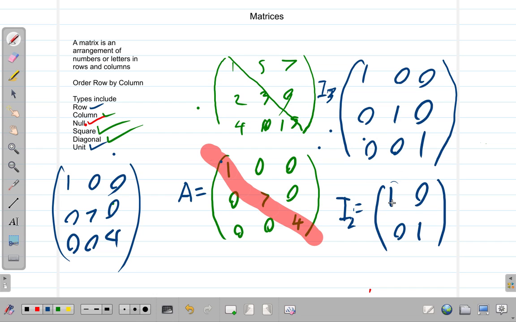Whatever the case is, when it comes to unit matrices, use the letter I to name them. If it's not a unit matrix, don't use the letter I for it. Just reserve I for the unit matrix.